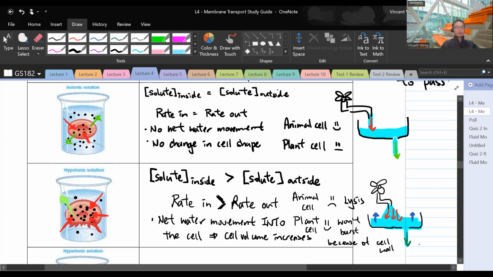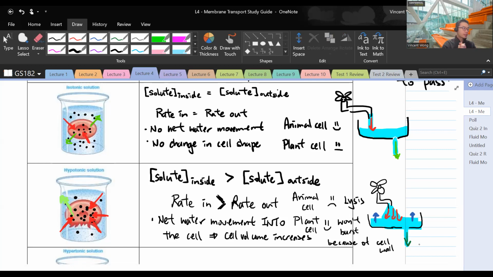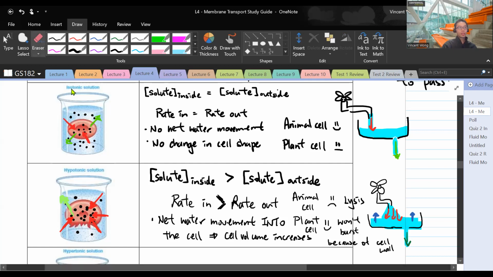Are we together so far? Any questions about these two things? Okay, so this is hypotonic. Yeah, sure, go ahead. Say the hypertonic solution, the amount of water in the cell is equal to the amount of water outside the cell?